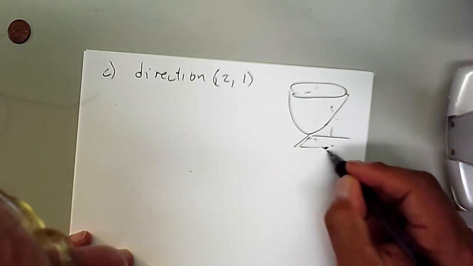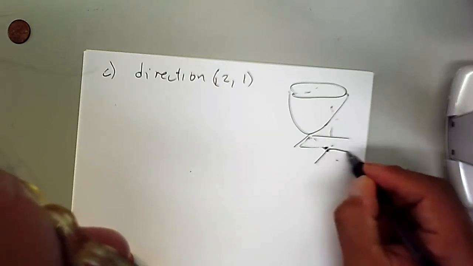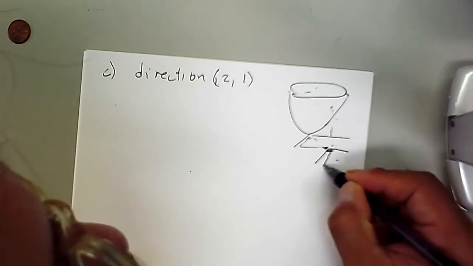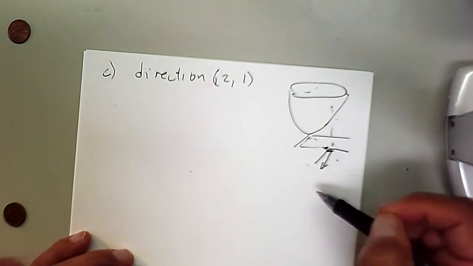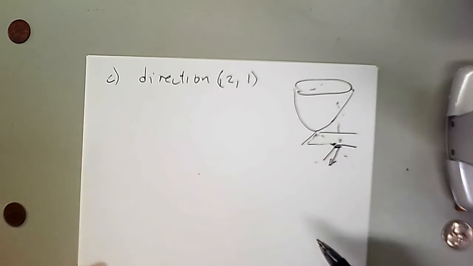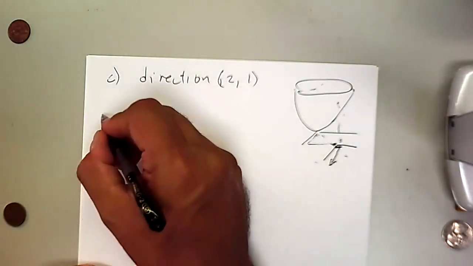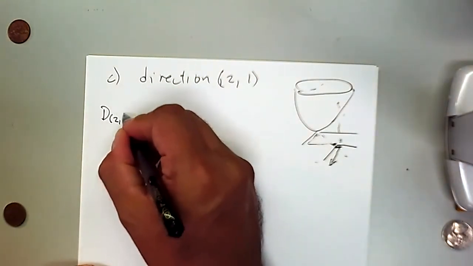Instead, we're not going to go in the X direction nor the Y direction. We're going to go more towards the X direction. Yeah, 2, 1. So where are we going? What is the slope at which we're going to climb up? Well, the gradient. So the derivative in the direction 2, 1.